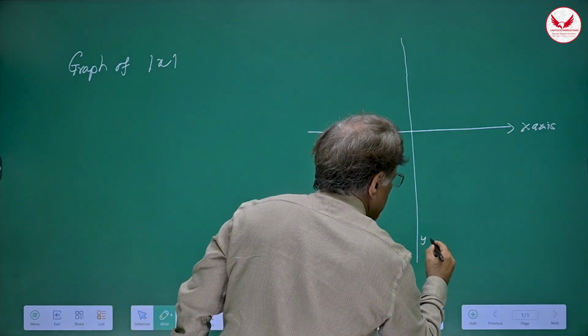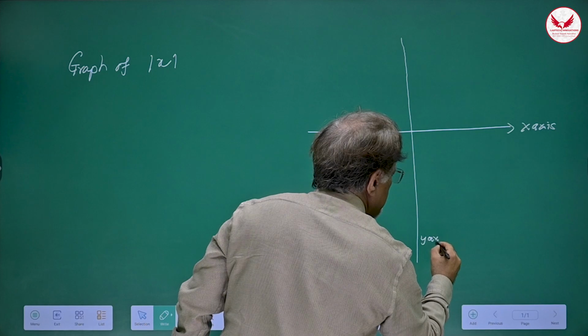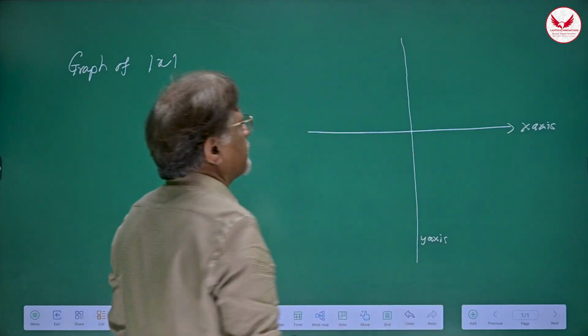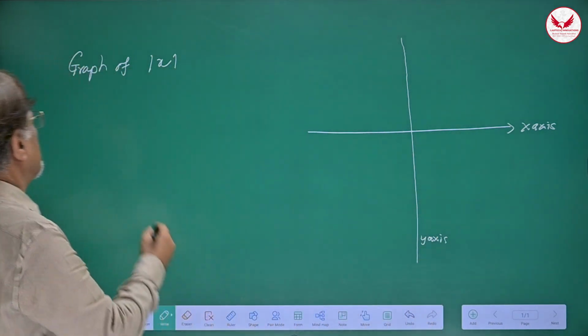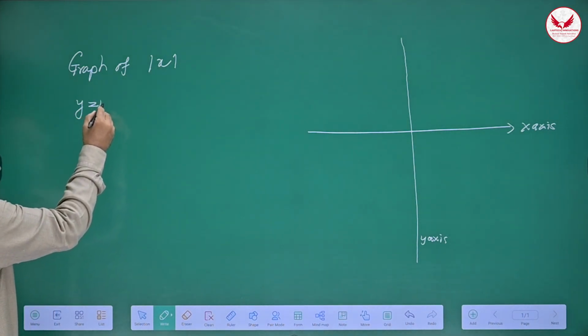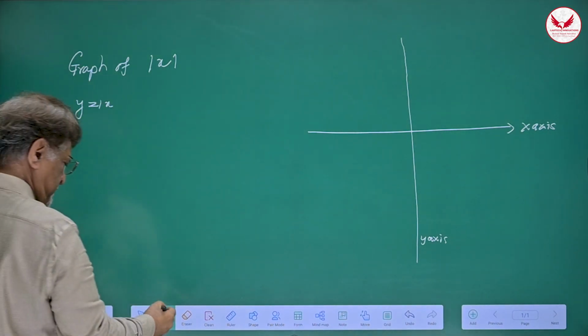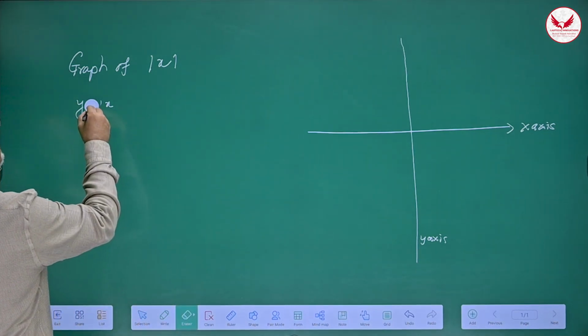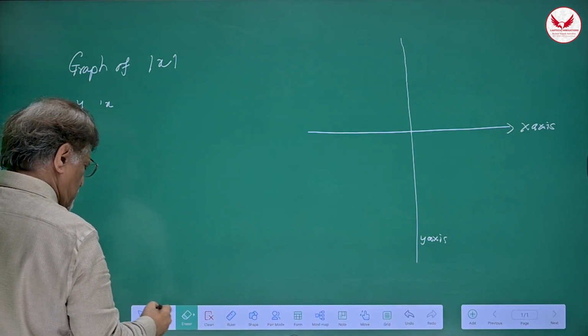Y-axis, okay? Now, our function is very clear. Y is equal to mod x.